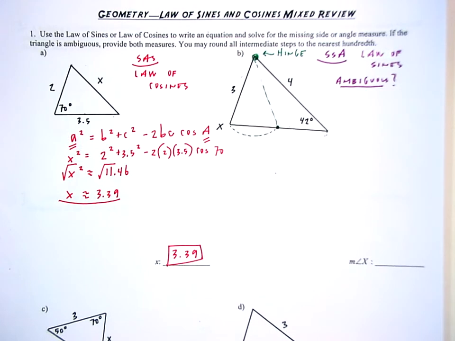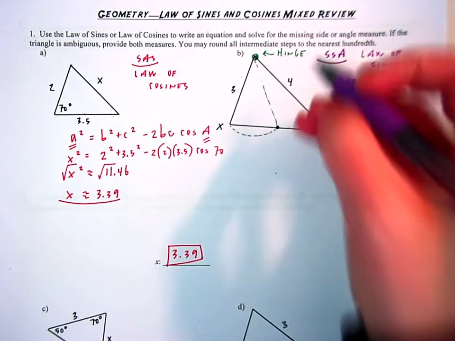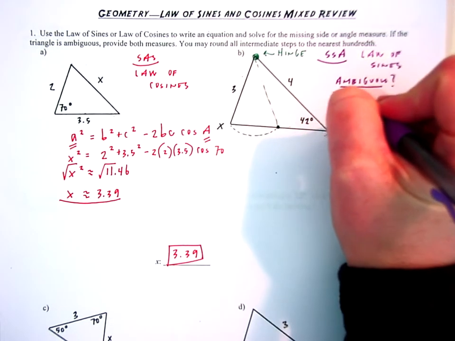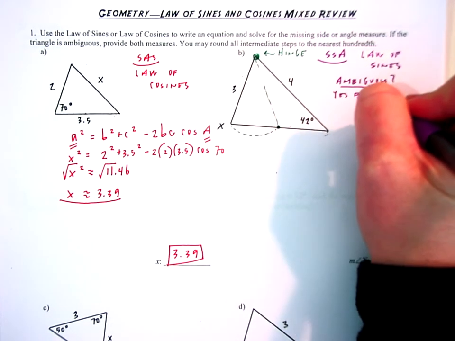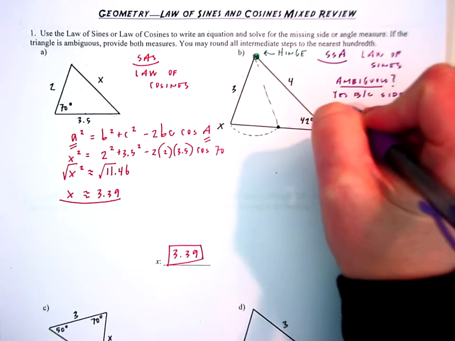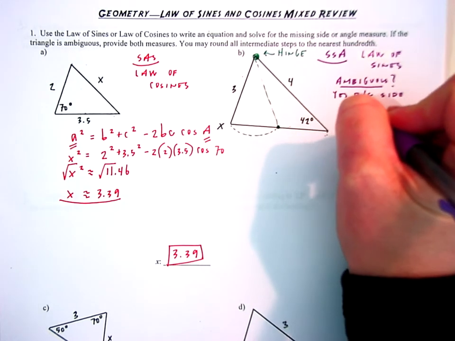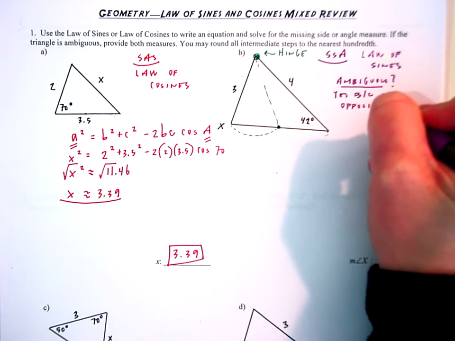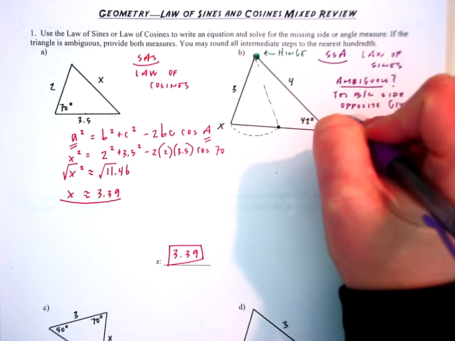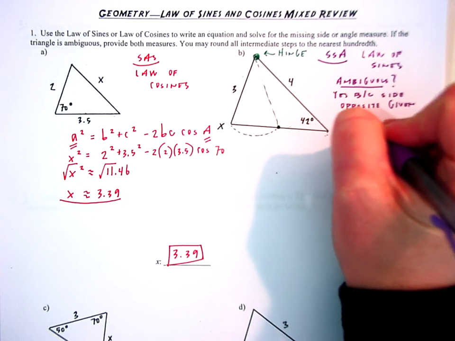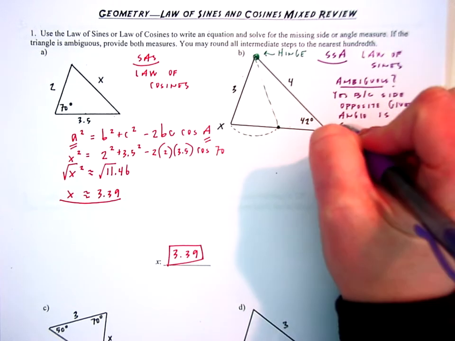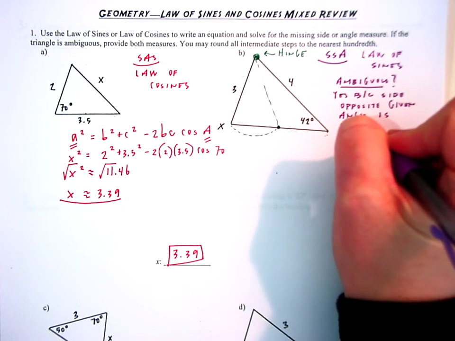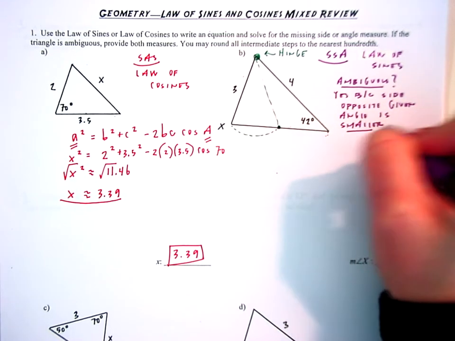So we know that it's going to be ambiguous. We're going to say yes, because the side opposite the given angle is smaller than the other given side.